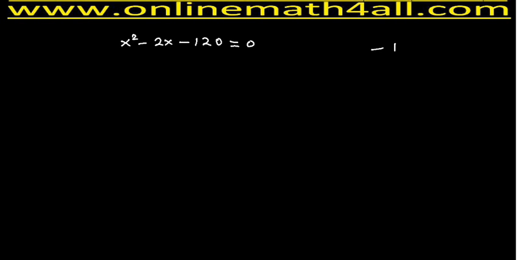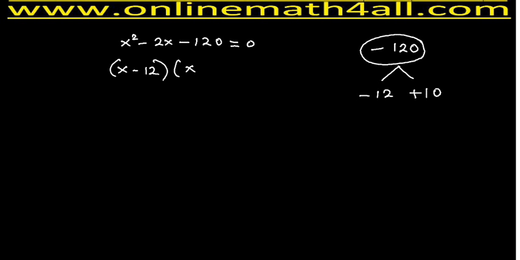For that I think we can try factoring. If we factor negative 120, it will be negative 12 times positive 10. I think these two factors will work, because if we multiply negative 12 and positive 10, it will be negative 120, and when we sum negative 12 and positive 10, it will be negative 2. So the two factors are (x-12) times (x+10).